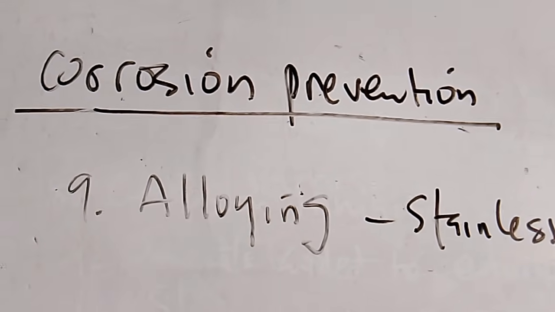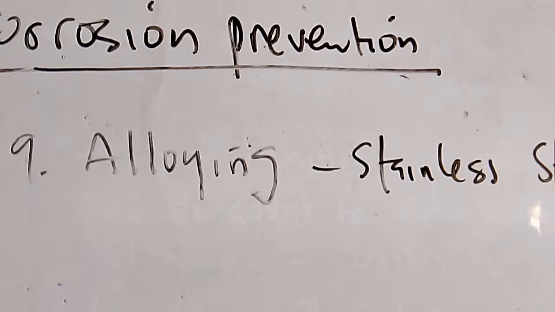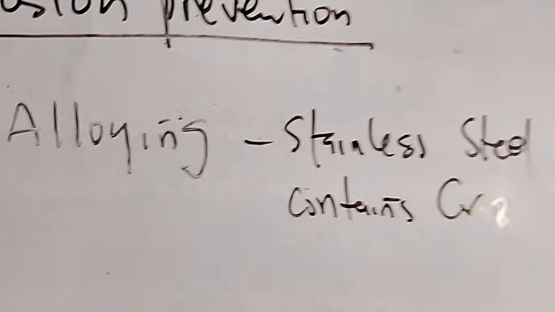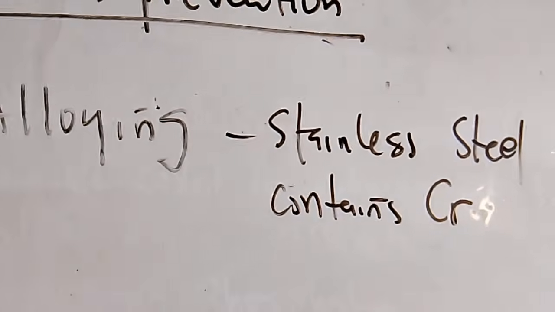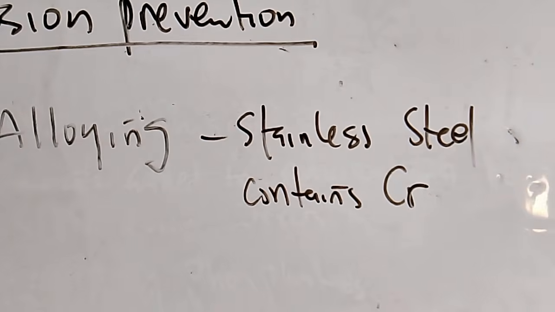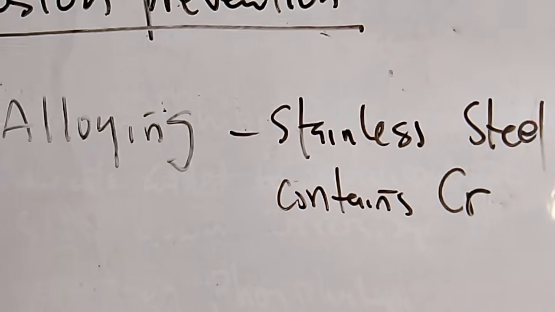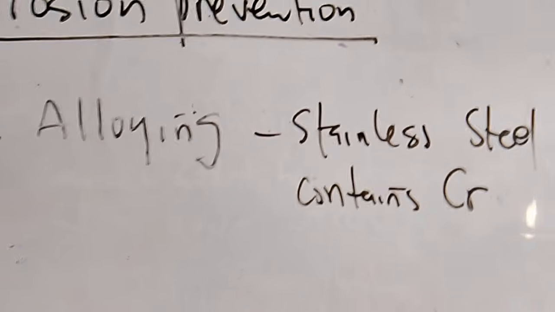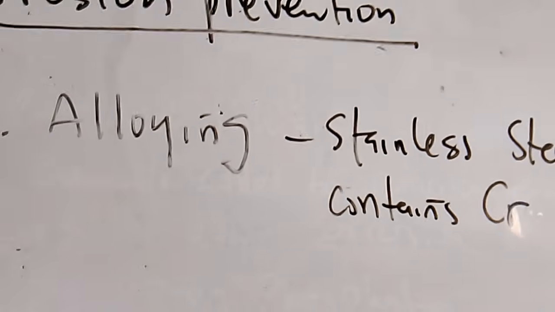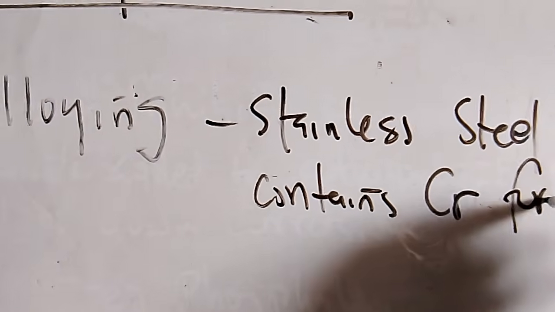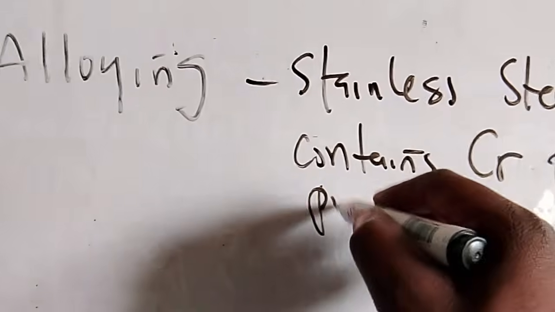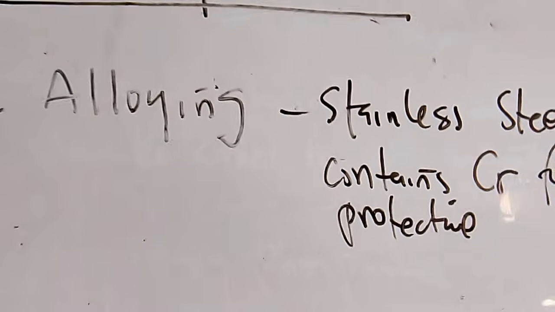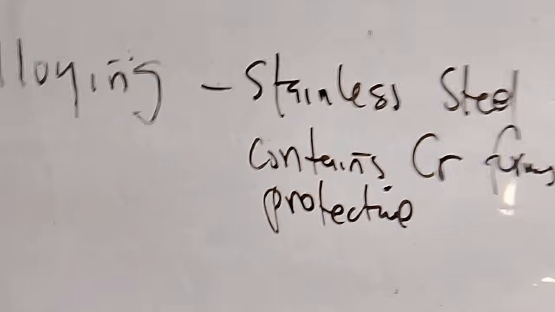We know that stainless steel contains chromium, which forms a protective oxide layer.